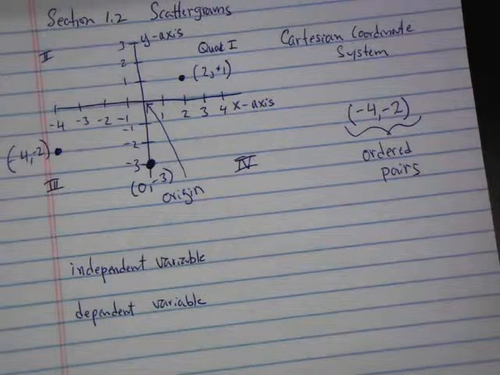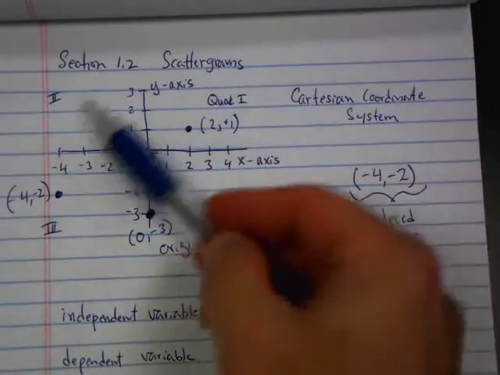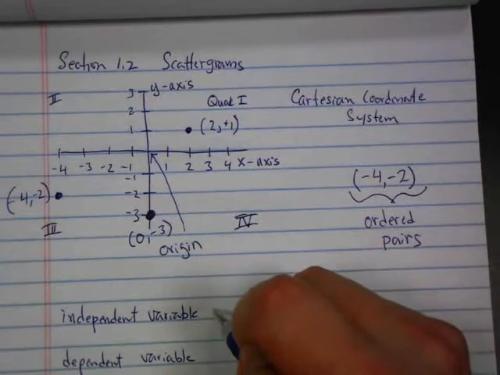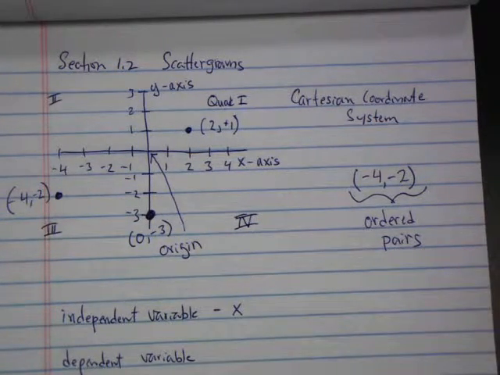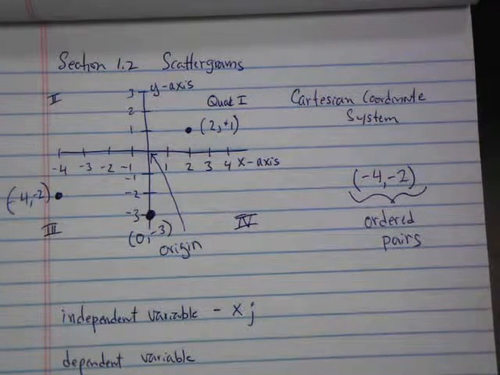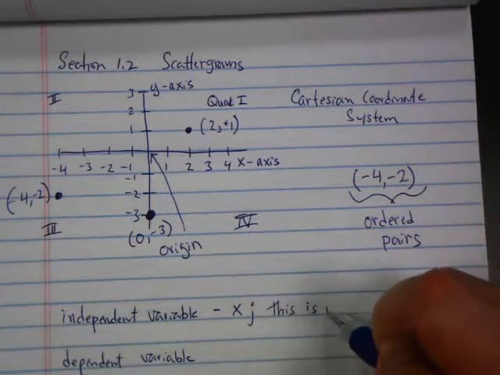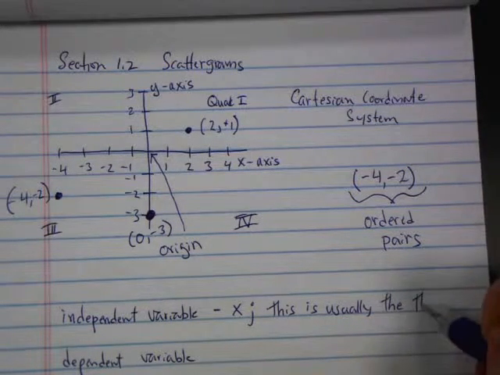If I have data, say in a graph perhaps, which variable is the independent variable? Y. Nope, you had a 50-50 chance. The independent variable, this is x, usually. Again, quite often we won't use the letter x. But the way to think of it when you're given a word problem, and we're going to see some word problems here in just a minute, is this is usually the thing you know.